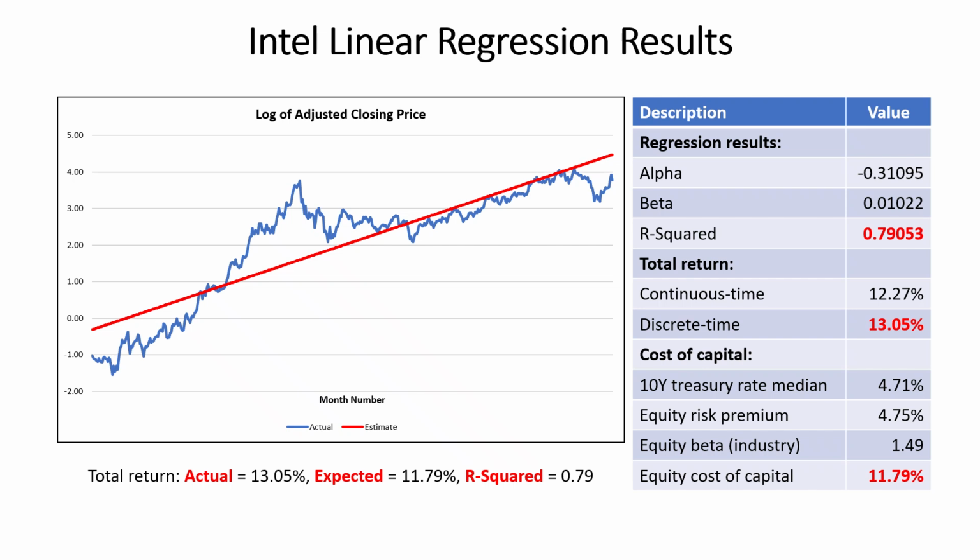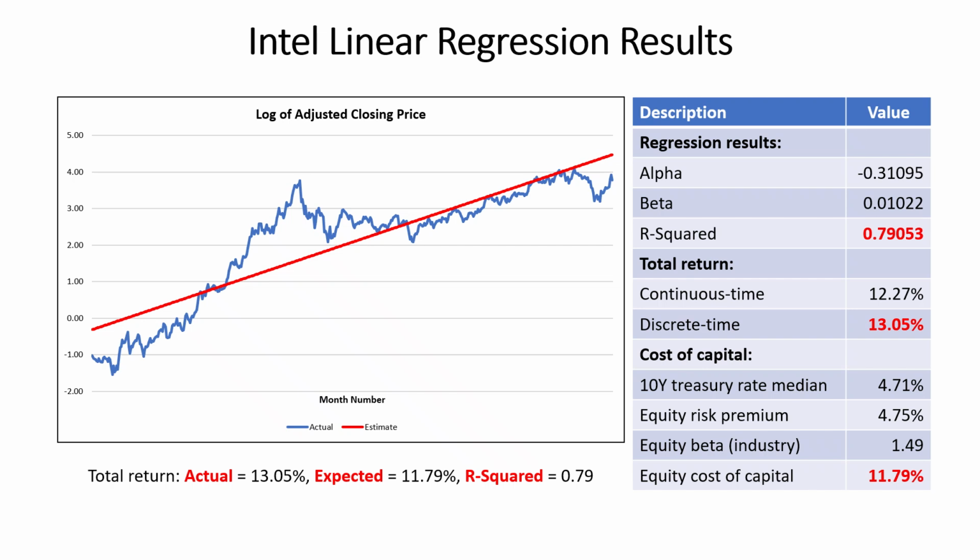And you can see that, according to the regression model, Intel has earned a total return of 13.05%, but its cost of capital was less at 11.79%. And the R squared was 0.79, which means this is a very good estimator of stock price into the future.